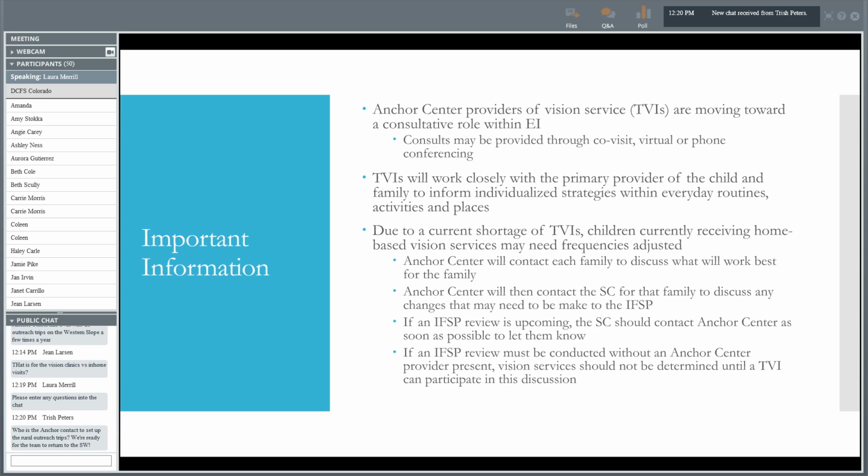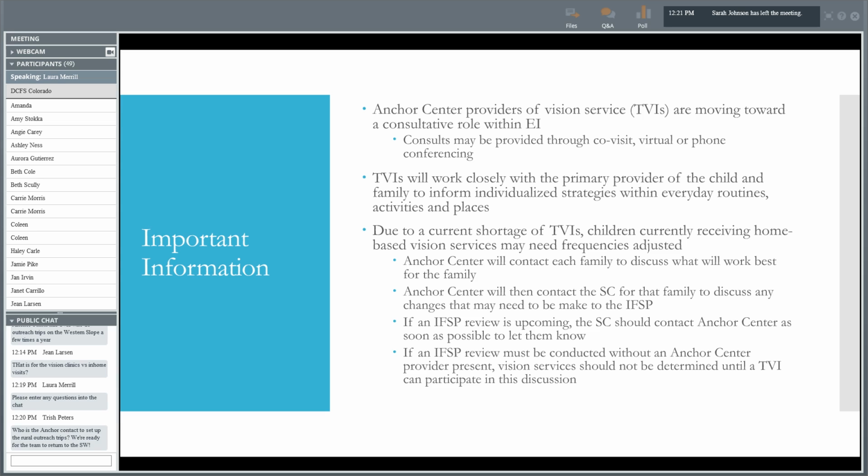I think they've made great progress in getting to most of the families already. Then they're going to contact the service coordinator to discuss any changes that might need to be made to the IFSP for team discussion. If an IFSP review is upcoming, the service coordinator should contact the Anchor Center to let them know so that they can prioritize making contact with that family.